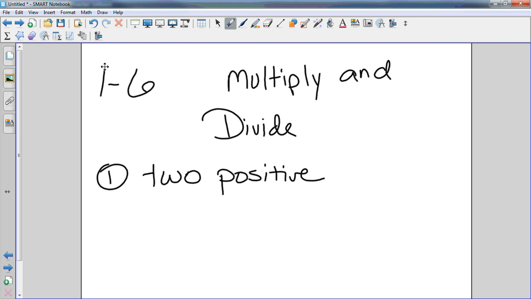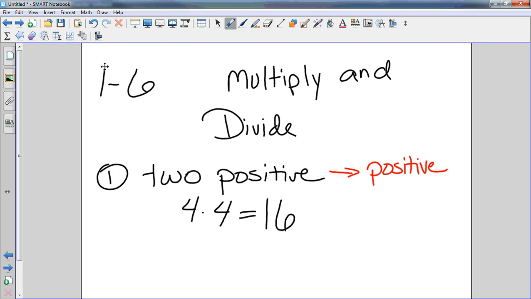Always positive. So let's show an example. If I have 4 times 4, I'm always going to have positive 16.